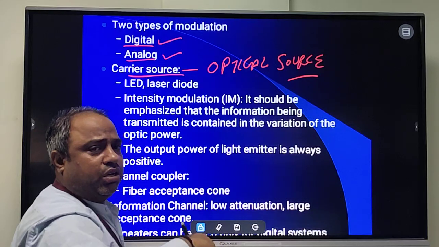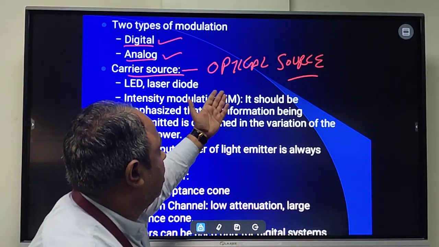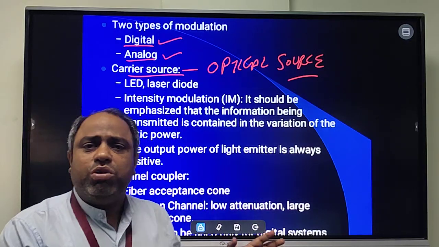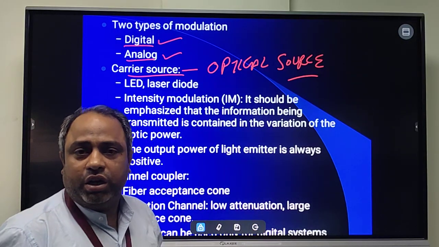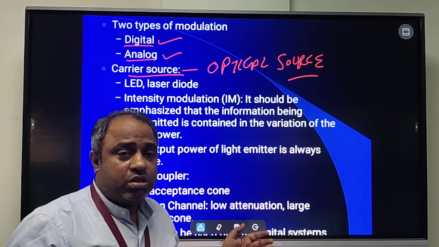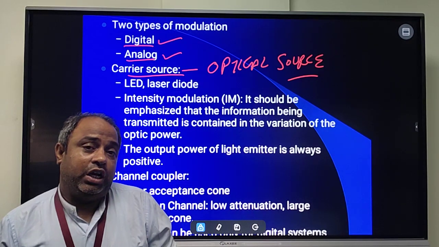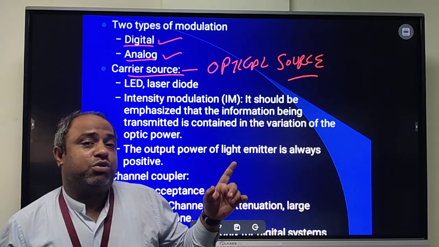Why am I talking about optical sources? Because the communication here is optical, and optical communication means the source is also optical, so the signal travels in the form of light with the help of an optical source. What kind of sources do we use?